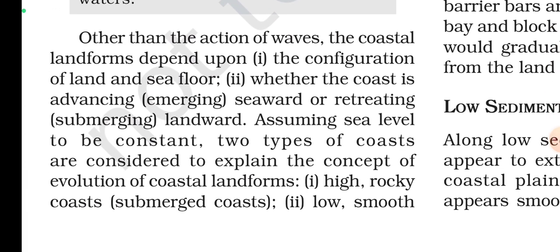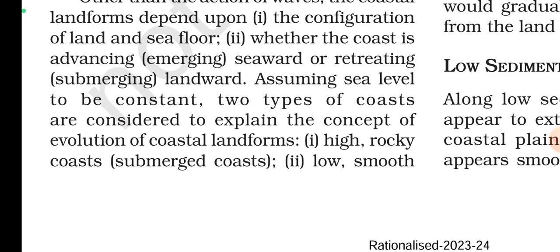Other than the action of waves, the coastal landforms depend upon the configuration of land and sea floor, whether the coast is advancing, emerging, sheared, or retreating, submerging, landward. So, emerging and submerging, look at the coast once.